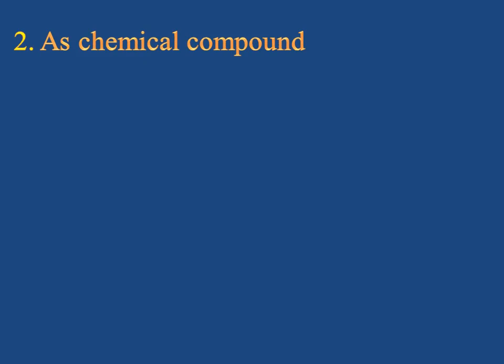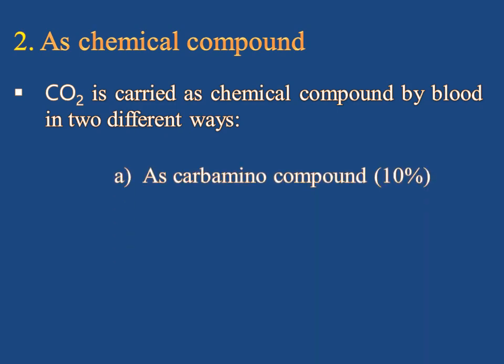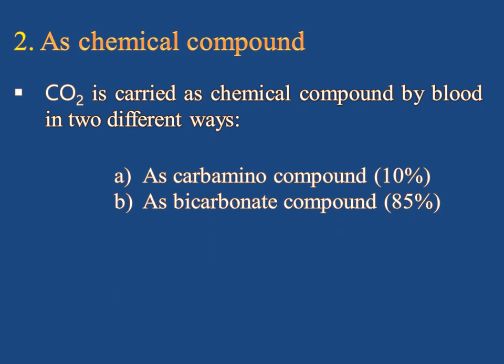As chemical compound, carbon dioxide is carried by blood in two different ways. As carbaminic compound about 10% and as bicarbonate compound about 85% is transported.